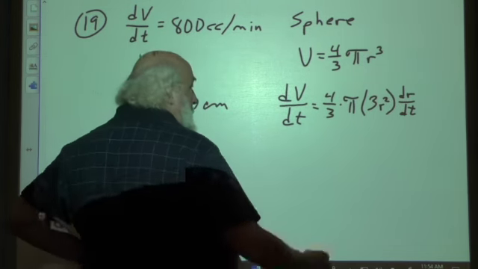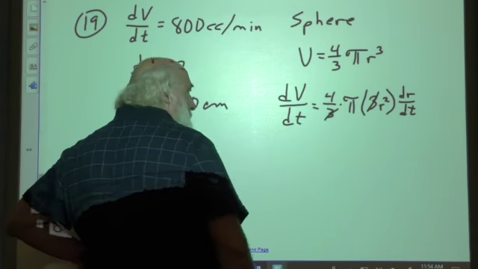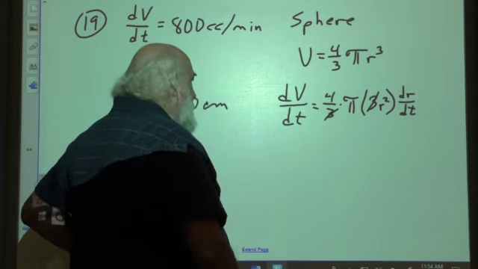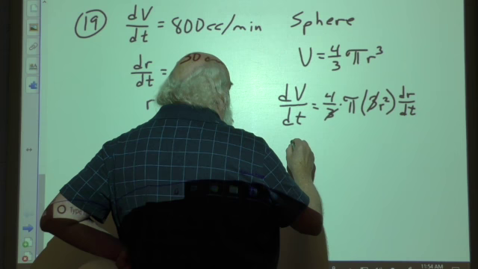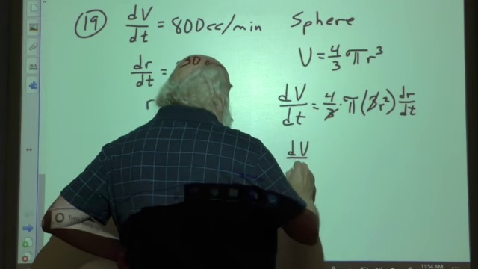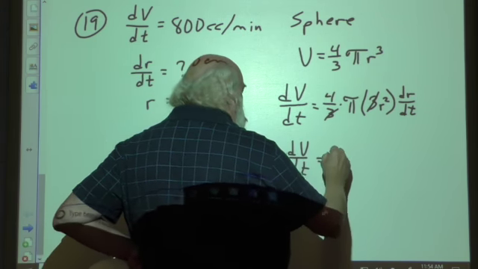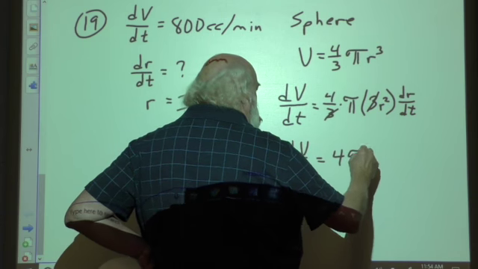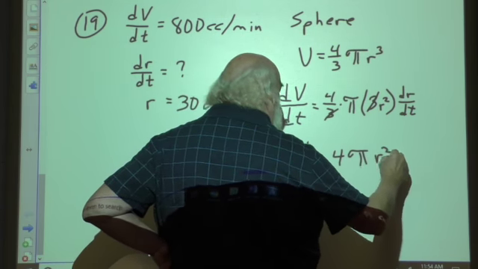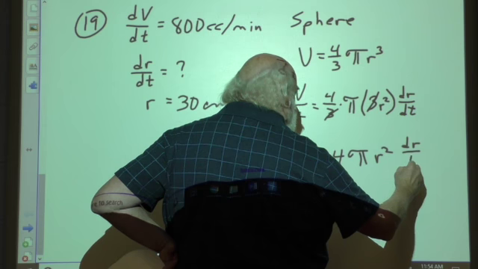Now, the nice thing about this is the 3 cancels out right here. So this is going to give us dV/dt equals 4 pi r squared dr/dt.